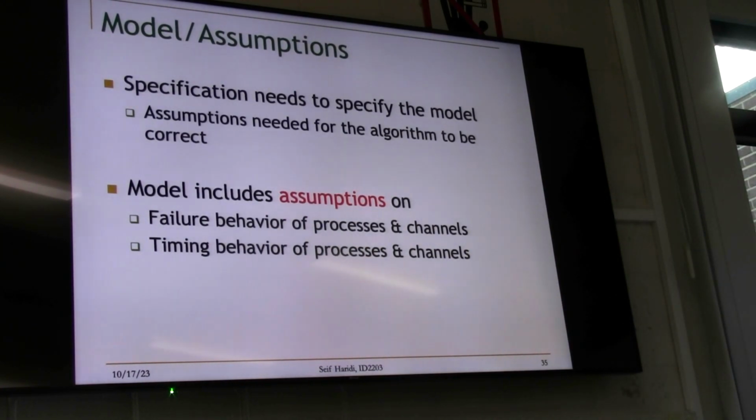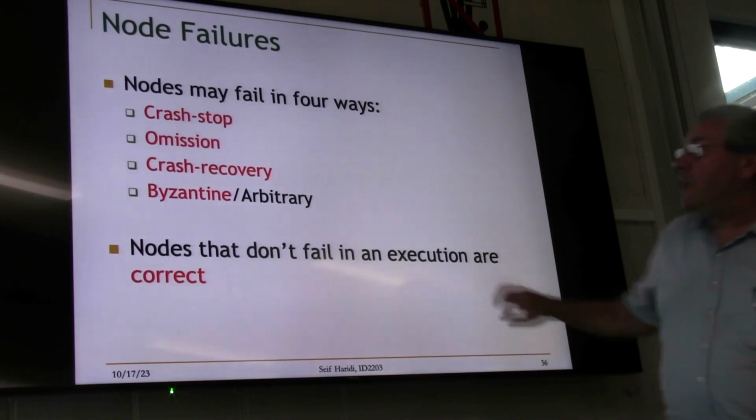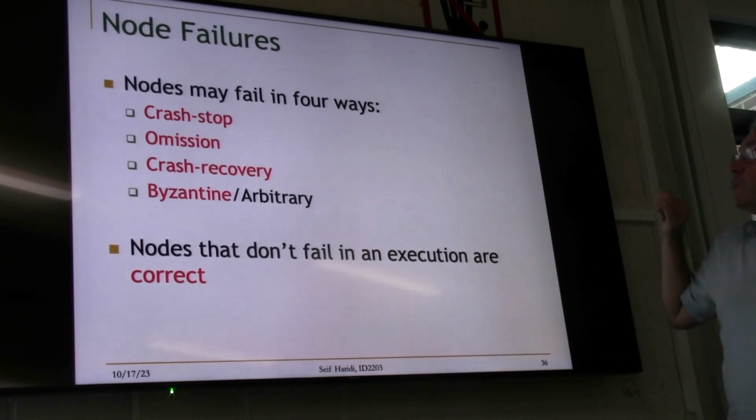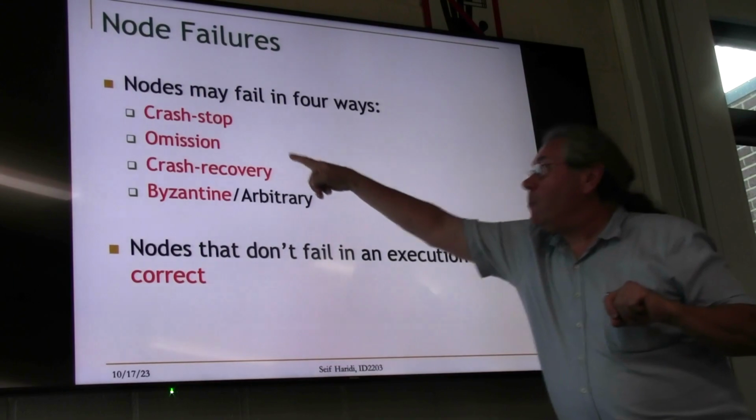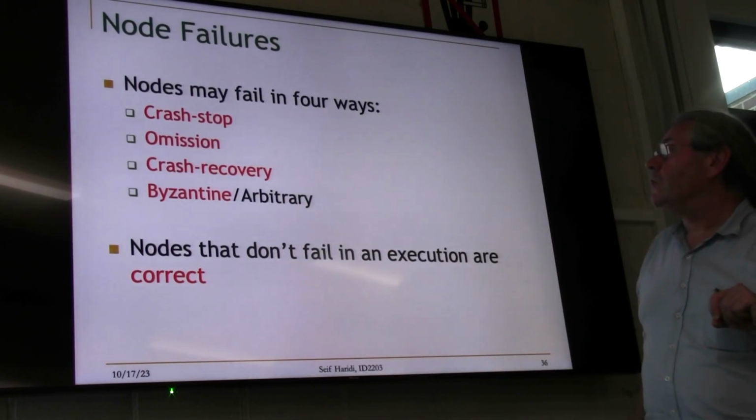The failure behavior is part of the model. But it seems there are four different kinds of failures that are particularly interesting and that people have focused on and written algorithms for: crash stop, omission, crash recovery, and Byzantine failures.